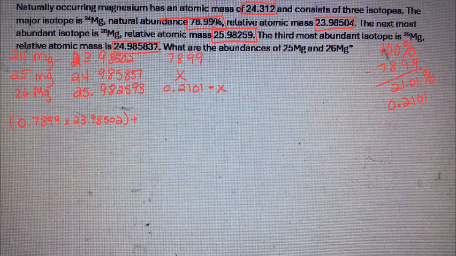Plus, our next one is going to be a little different. It's going to be X, times our 24.985837. The next one's going to be a little weird, but we need to write it like it is here.